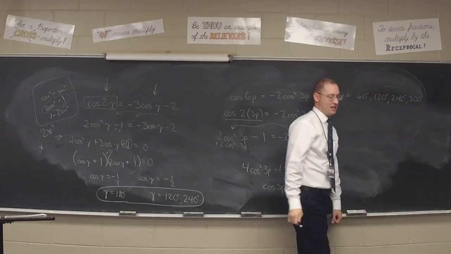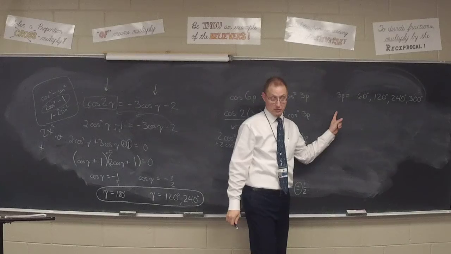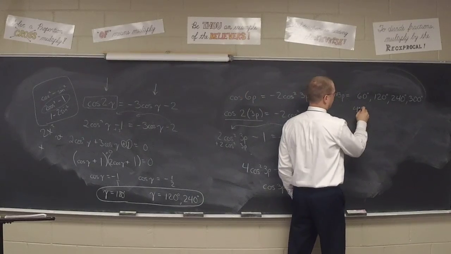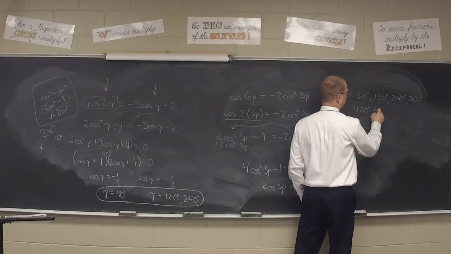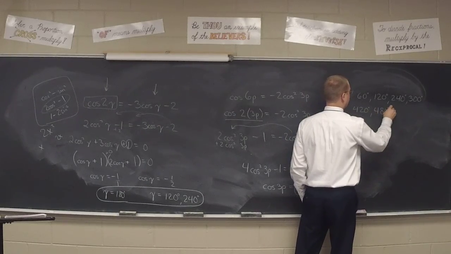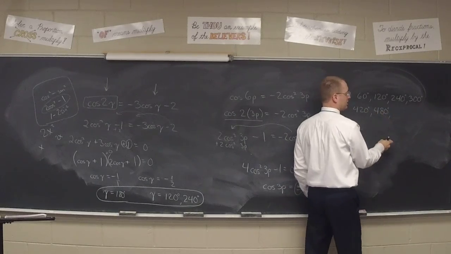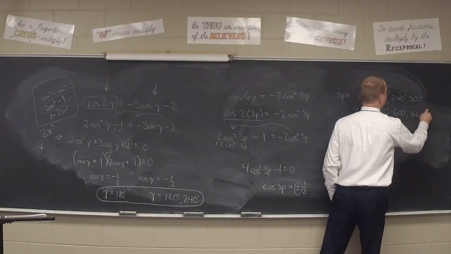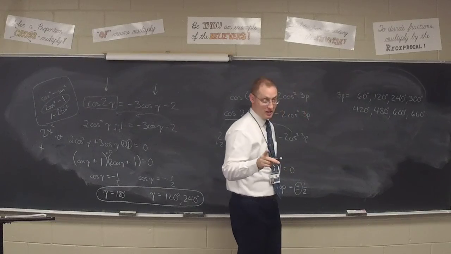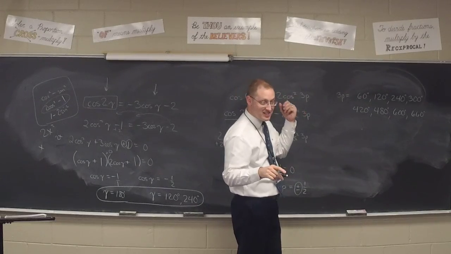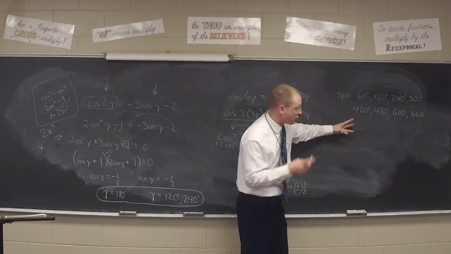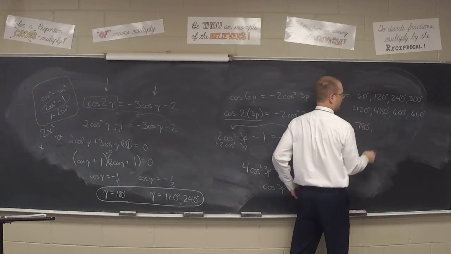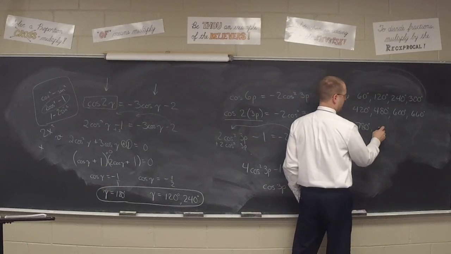But this is a 3 rho, so add 360. We're going to have to hit 360: 420, 480, 600, and 660. Because it's a 3 rho, I have to add 360 that second time, so I get 1, 2, 3 trips around the Cartesian plane: 780, 840, 960, 1020, 1320, and so on.